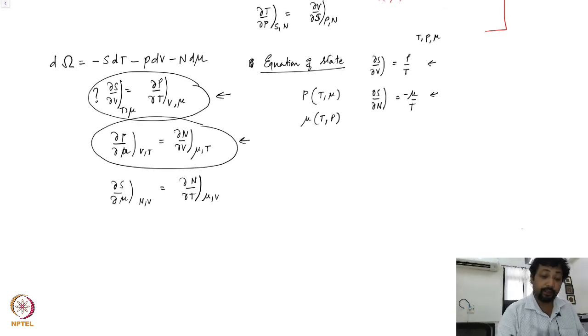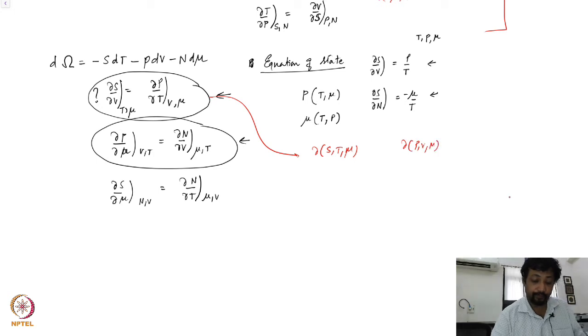Anyway, coming back to the original discussion, let's look at this now. This one is S, T, μ, and the right hand side is P, V and μ. Right.